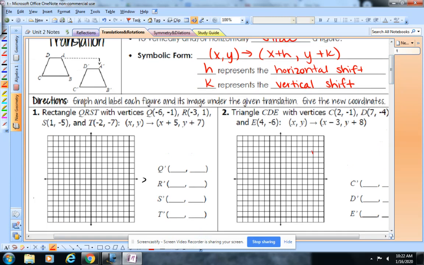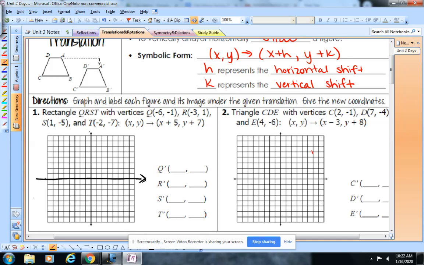So we're going to do a few translations. We're going to do example 1. So just like yesterday, the very first thing we want to do is graph the original figure. So this one gives us a rectangle, QRST. Please go ahead and graph those points and make that rectangle.